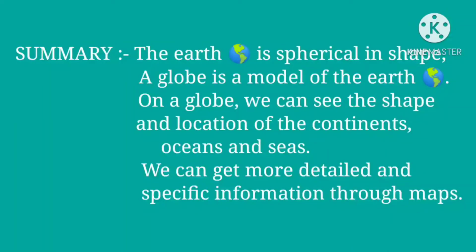In a map we get more detailed information. Specific information you can see in your map. A map helps you to see the locations. In a map you can see districts, countries, continents, seas, oceans, each and everything in a detailed way.